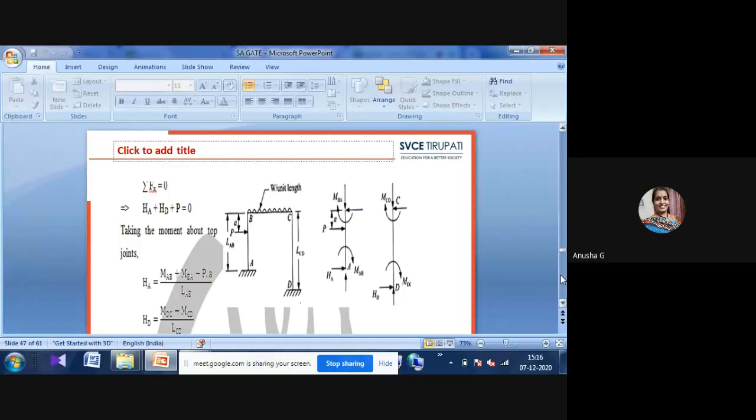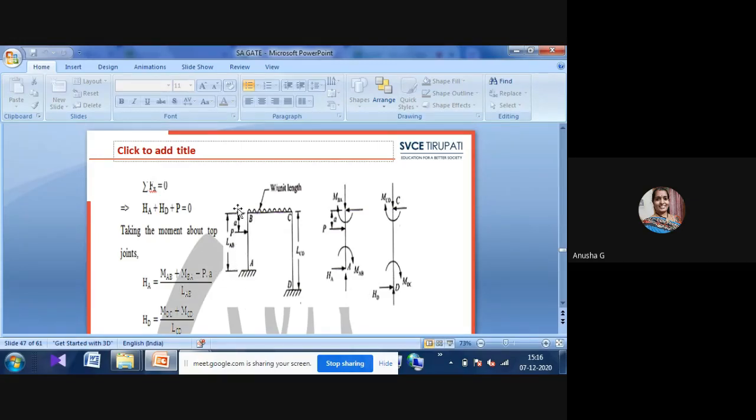If suppose the frames will be there for continuous beams or for the slope deflection method, this is the main formula to find the horizontal reaction HA. HA equals whatever the MAB and MBA we have calculated minus whatever the load acting in that horizontal direction multiplied by the distance. Okay, MAB plus MBA minus P into A by total distance.